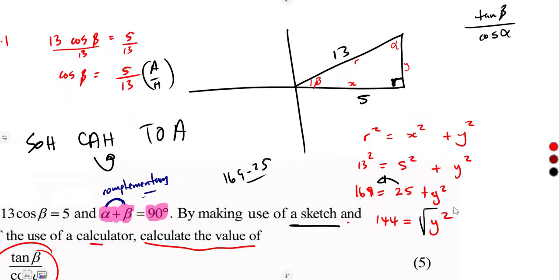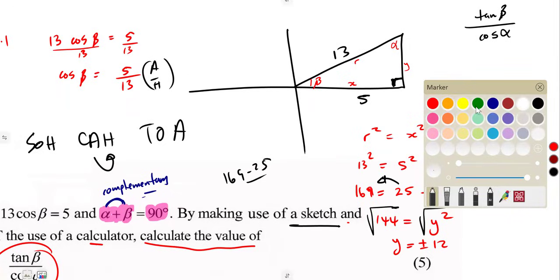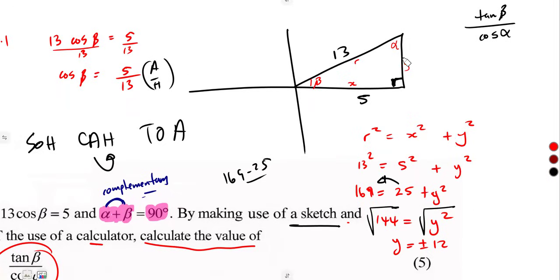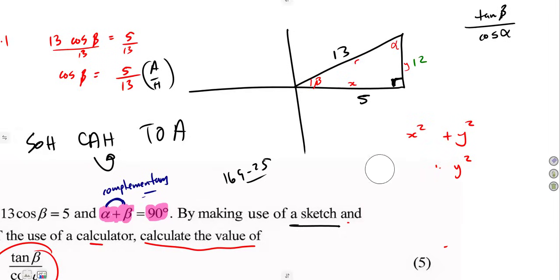So to determine y, simply find the square root of this. So y is equal to the square root of 144, plus or minus 12. But the y that we have is above, according to this triangle, so it's going to be positive 12. We're going to take the positive one. So that's the y value.